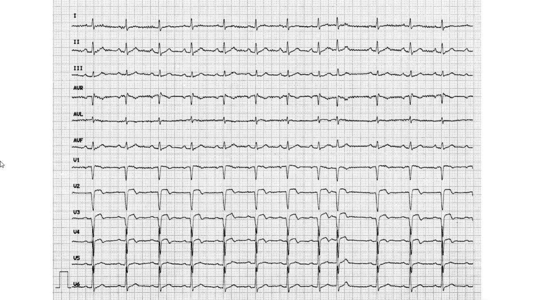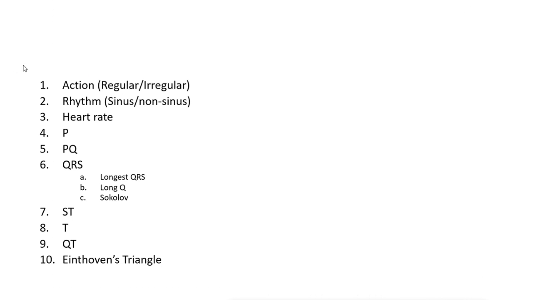I absolutely won't mind at all to help out. So starting off, let's go with an ECG, and as always, be very systematic. Always follow these 10 points whenever you tackle any ECG. To save time, we won't be going through all of the points.